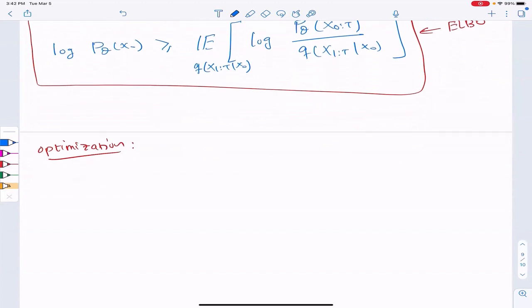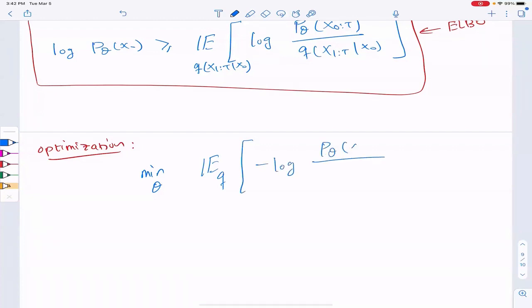So what we reached was minimization over theta of the expectation over q of minus log of p_theta(x_{0:T}) over q(x_{1:T} given x0). That's basically the objective that we have.